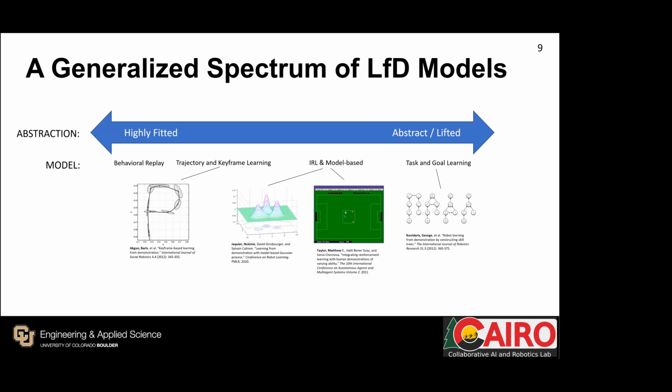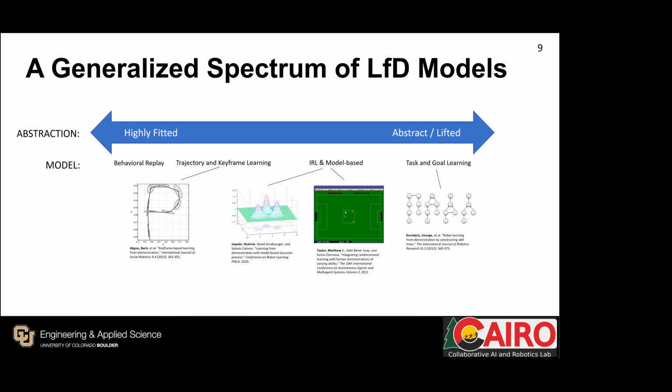Okay. So jumping back in, broadly speaking, the representative models learned from demonstration can fall along a generalized spectrum of abstraction. At the very narrowest end, or the most highly fitted, you have what is essentially behavioral replay. You're just repeating exactly what you showed the robot.